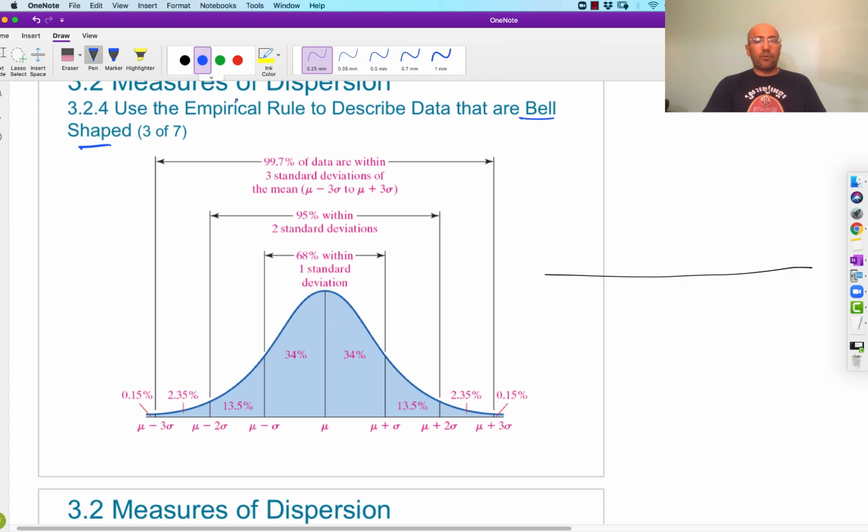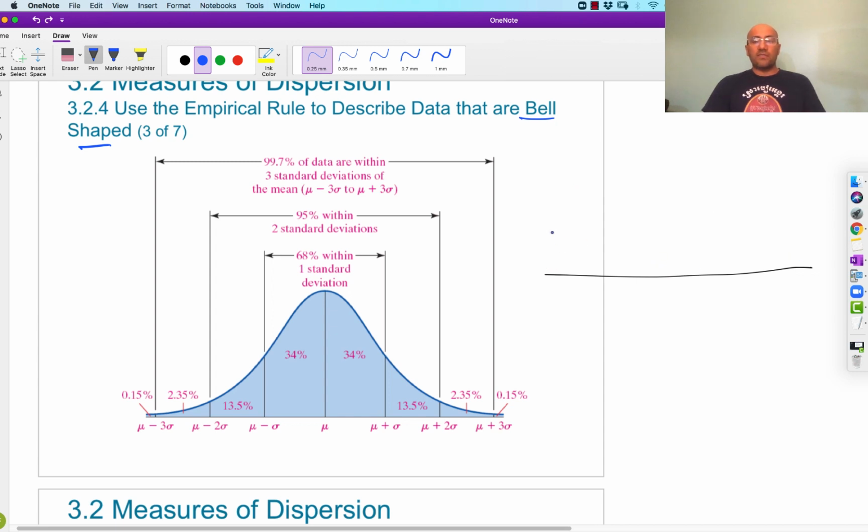Let's say, for example, it might look like this. Maybe it comes up really fast and then slowly goes down. That's not exactly bell-shaped. Even worse, what if it's got two humps? What if it goes up, there's a very popular thing there, comes back down, and then there's another very popular thing there, and then goes back down? That's definitely not bell-shaped.